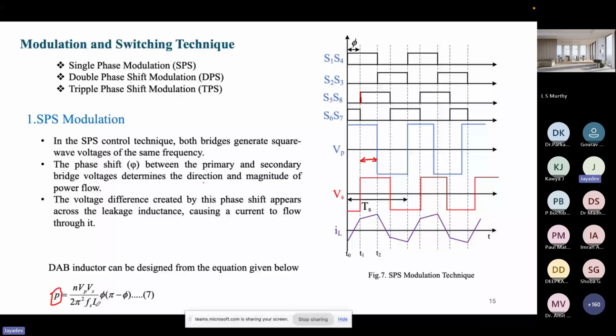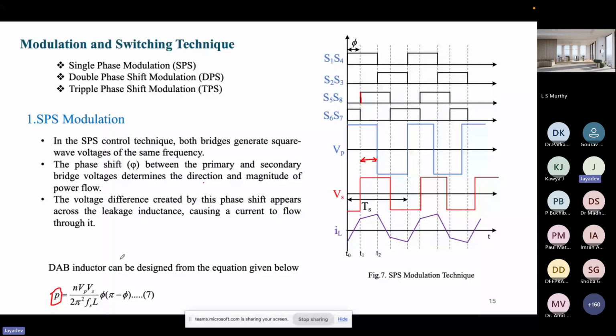Once you get the maximum inductance value, you decide your operating range. Normally, if you are using a 1 kilowatt system, we hardly use it up to full power; up to 400 to 600 watts it can work efficiently and easily for a long term.